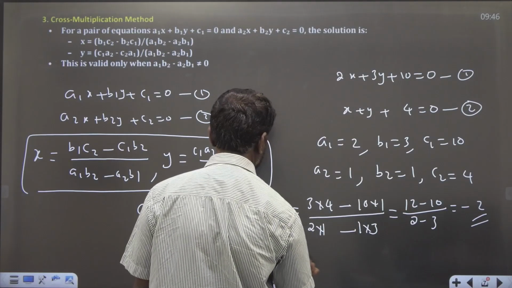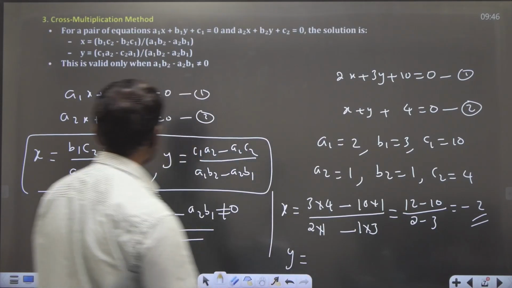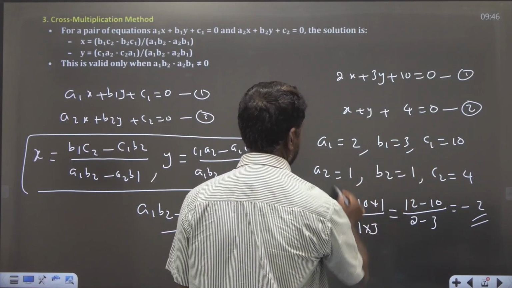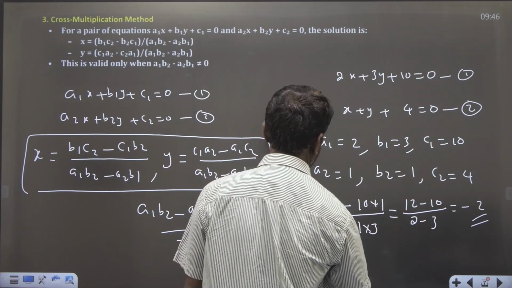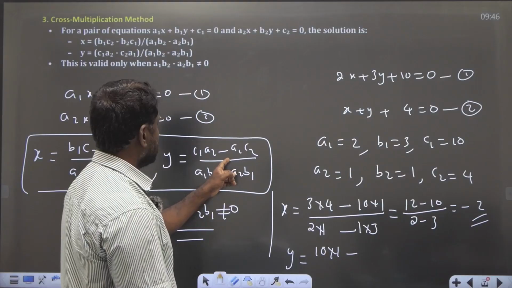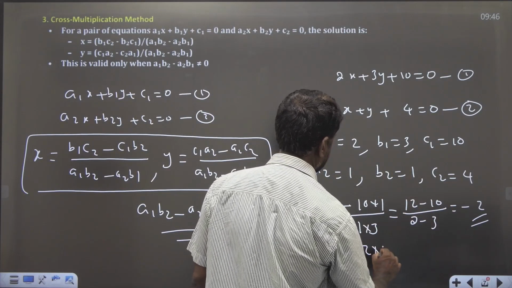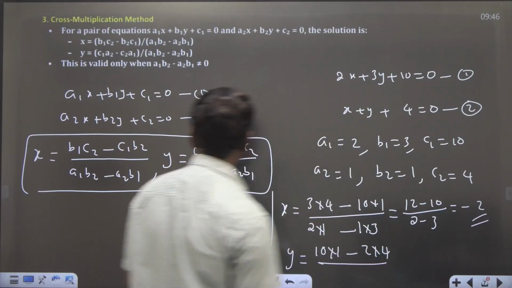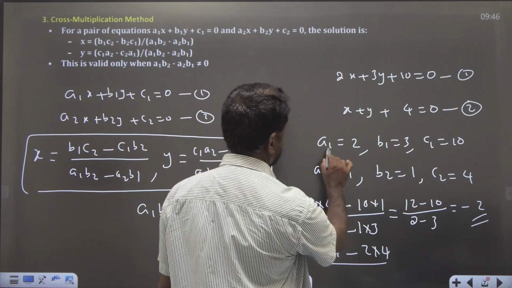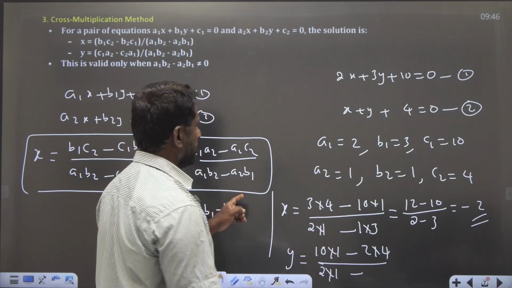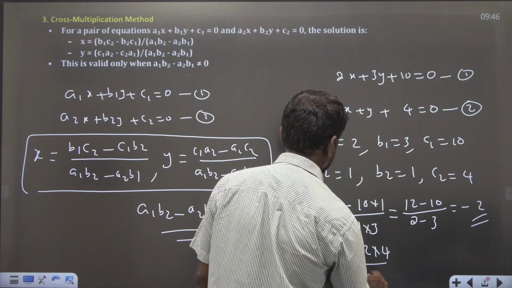Similarly, what is y? y is equal to c1 a2, 10 into 1, minus a1 c2, 2 into 4, divided by a1 b2, 2 into 1, minus a2 b1, 1 into 3.